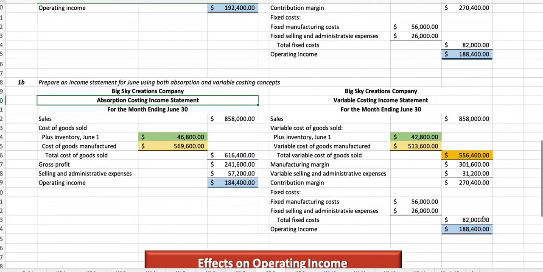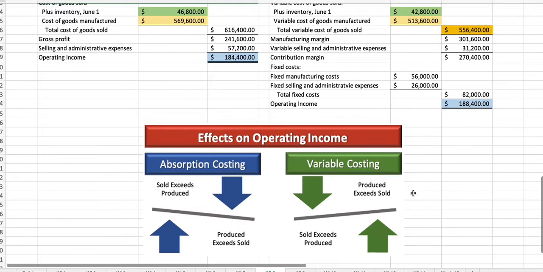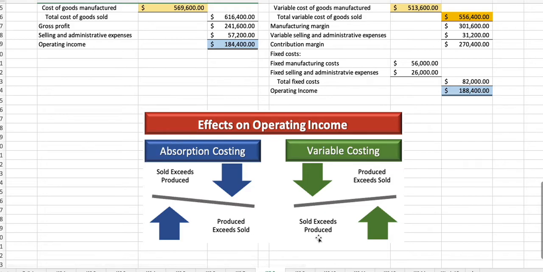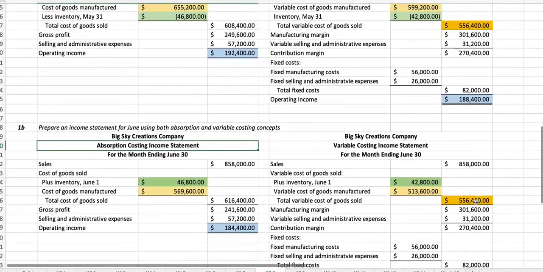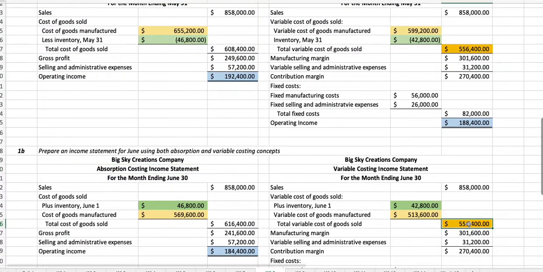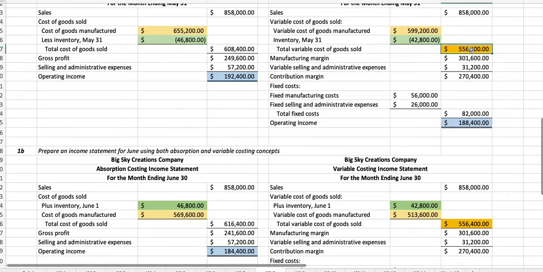I see 188,400, and over here in May I see 188,400. So why wouldn't this follow this graph that talks about the effects on operating income? It's actually because, if you notice, our total variable costs are the same.